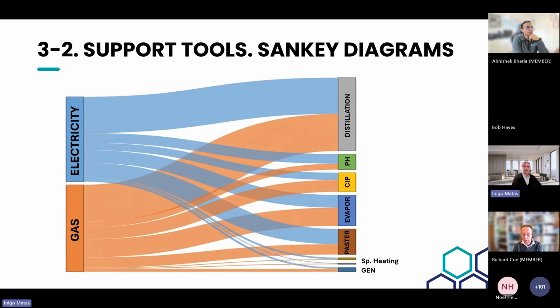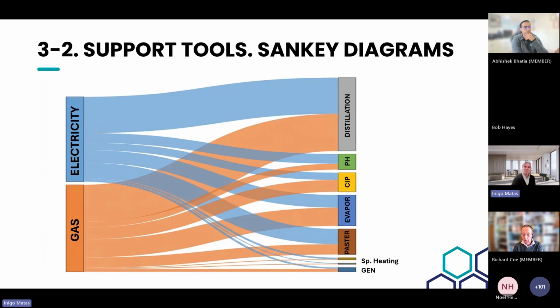Okay. What are the support tools that we have when trying to implement a heat pump? A very well-known one is the Sankey diagram. It helps us understand the magnitude of the energy flows on a site. It shows where the energy enters, where it is consumed, where it is lost. These diagrams often reveal surprising imbalances.